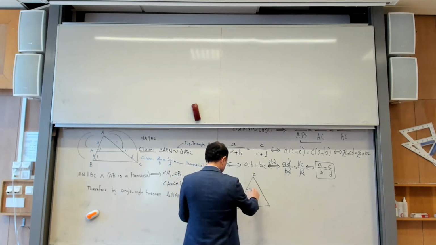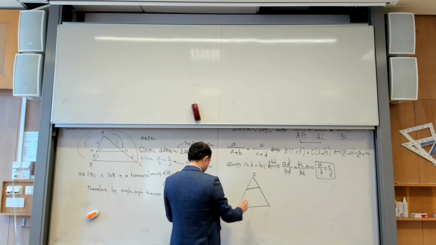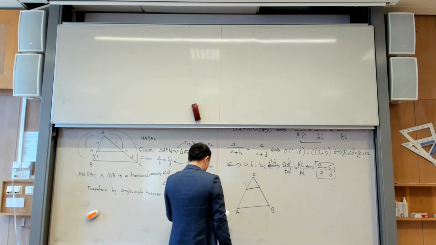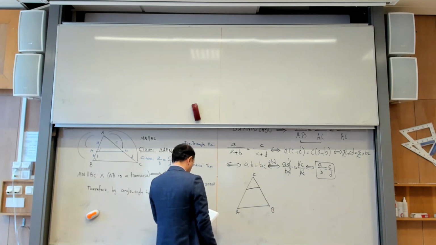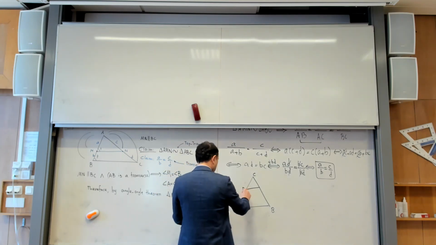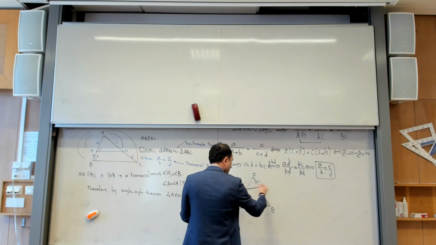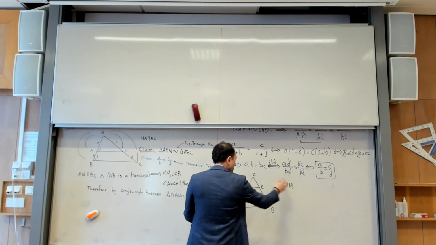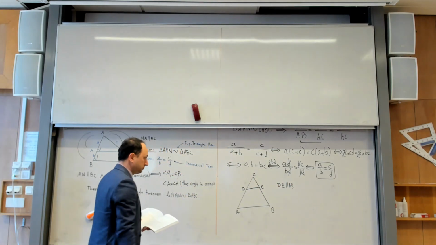In the triangle ABC, DE is parallel to AB. They have already mentioned in the problem itself that DE is parallel to AB, so it means that you can use these results here.